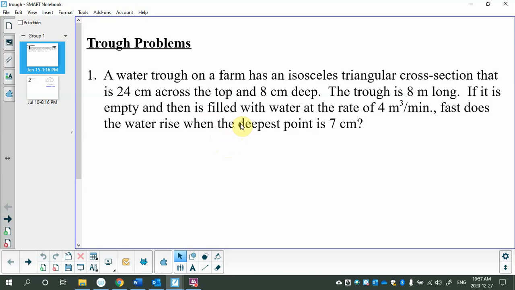Totally distracted myself. A water trough on a farm has an isosceles triangular cross section that is 24 centimeters across the top and 8 centimeters deep. So let's see if I can draw a picture of that.